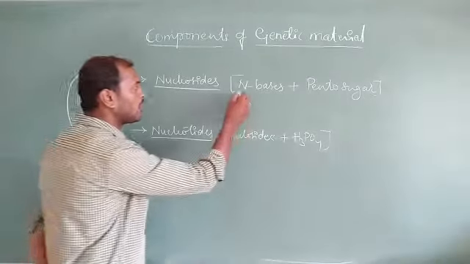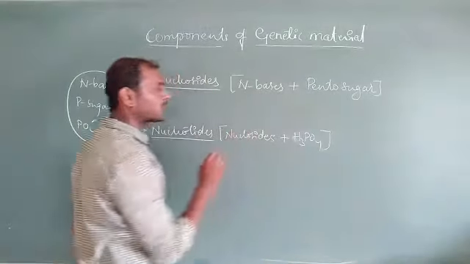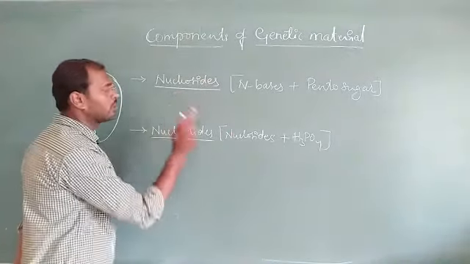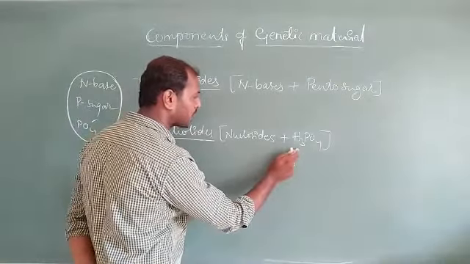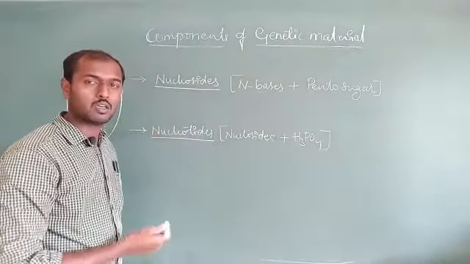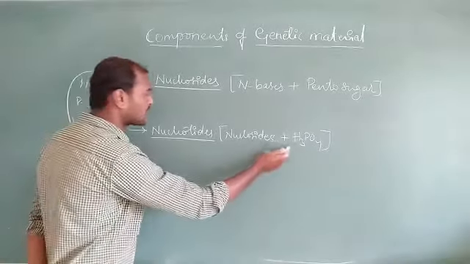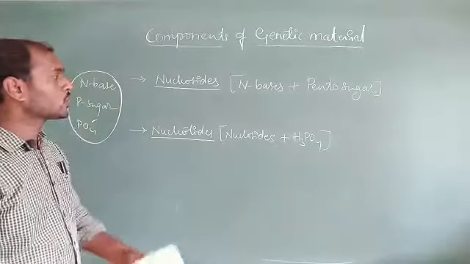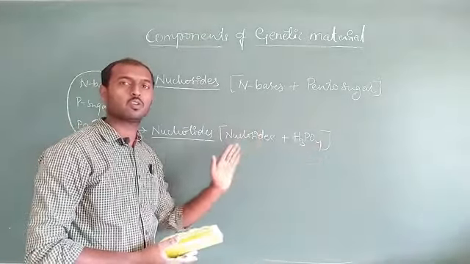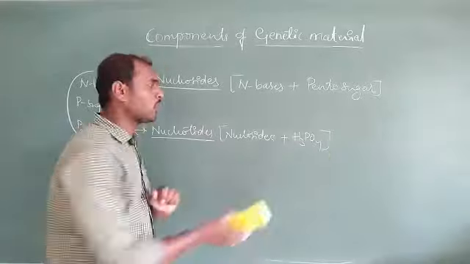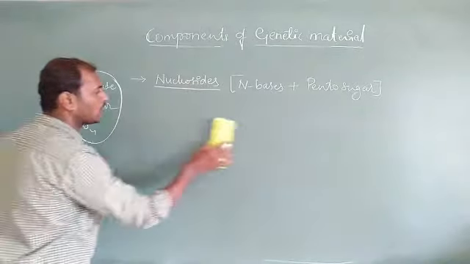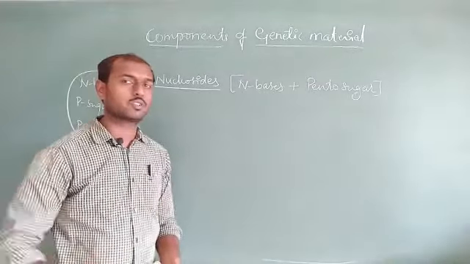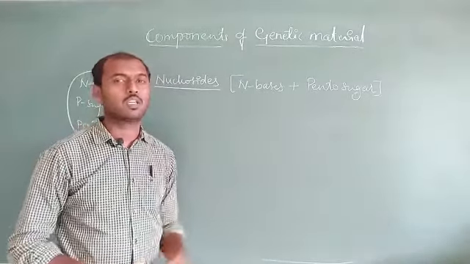So nitrogen base plus pentose sugar gives a nucleoside, and nucleoside plus phosphate or phosphoric acid gives a nucleotide. Now we are going to study how nucleotides and nucleosides are named, since after the reaction the molecule needs a new name.